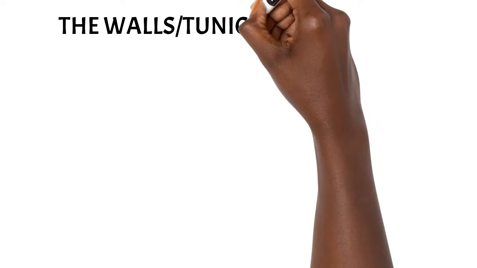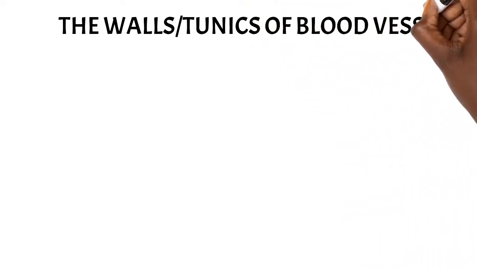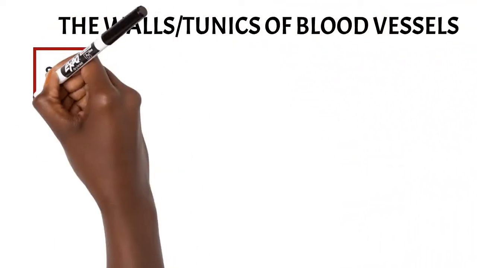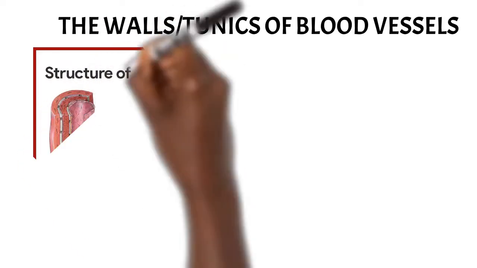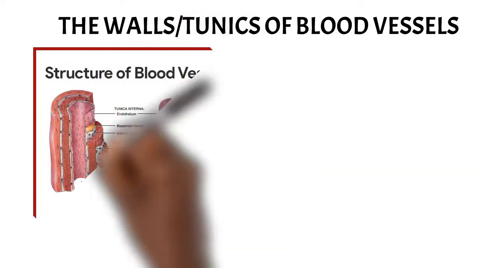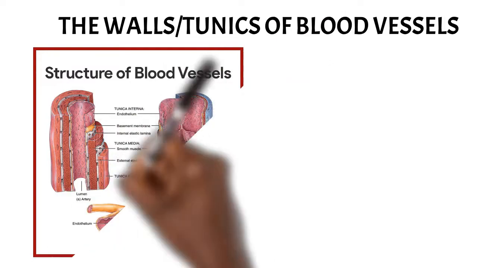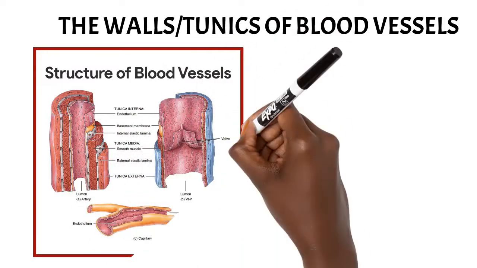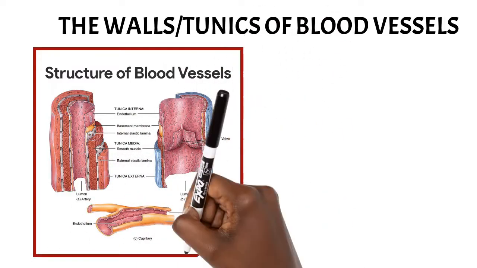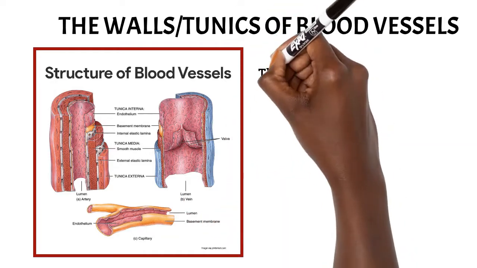Now the walls of blood vessels. Like we said earlier on, all parts of the cardiovascular system are made up of 3 layers. So the walls of the blood vessels also have 3 layers.